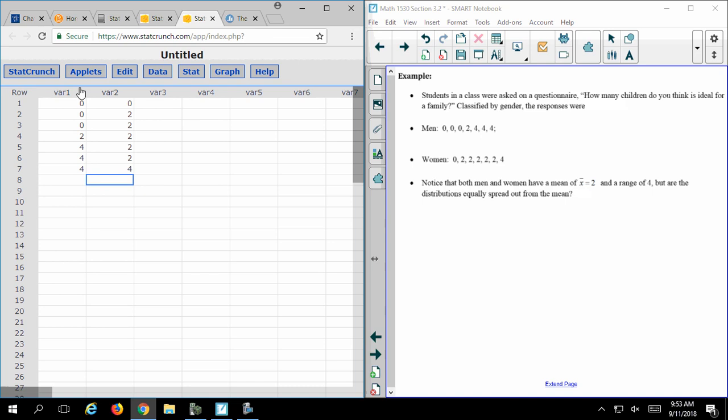I'm going to name them too, because it helps me keep it straight. So I open up StatCrunch, I put the male responses in one column, the female in the other column.